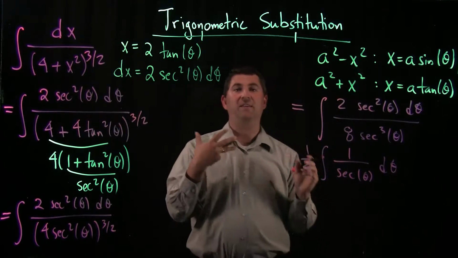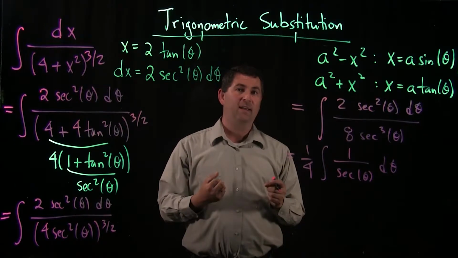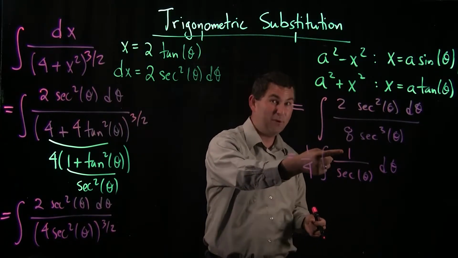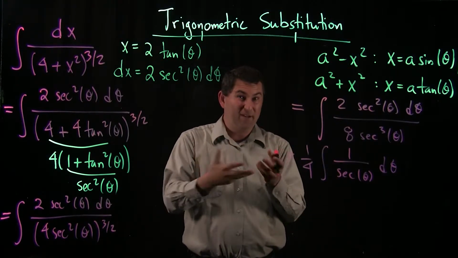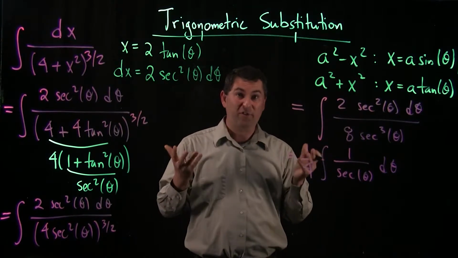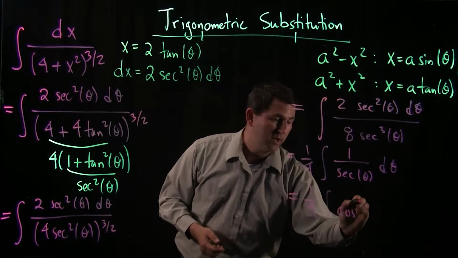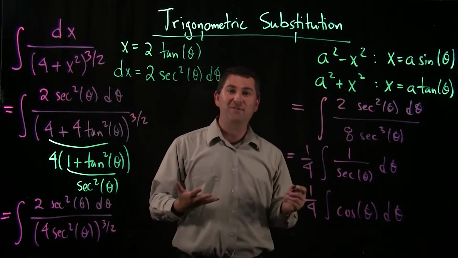Now 1 over secant sounds scary, but remember, how is the secant defined? It's the reciprocal of the cosine. So this is just the reciprocal of the reciprocal of the cosine. The reciprocal of the reciprocal, it's like you didn't do anything. It's just the cosine. So this is 1/4 integral of the cosine of theta. Hey, we know an antiderivative for cosine. It's just sine.